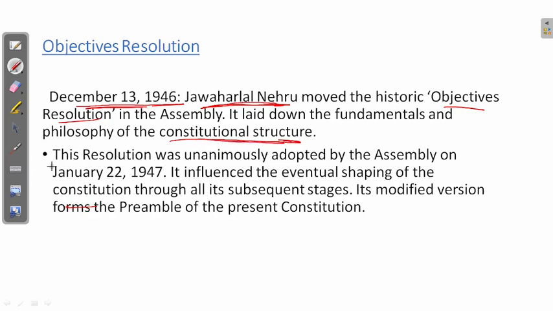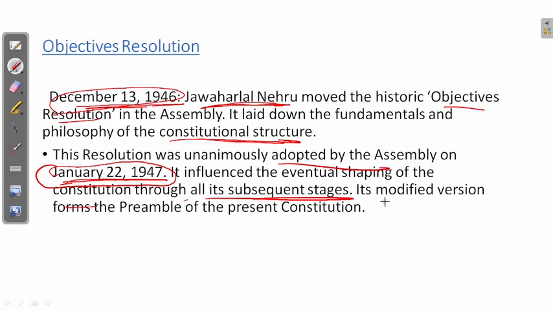This resolution was unanimously adopted. It was adopted on Jan 22nd, 1947. He came up with the resolution on December 13, 1946, but it was adopted on Jan 22nd, 1947. It influenced the shaping of the constitution through all the subsequent stages.